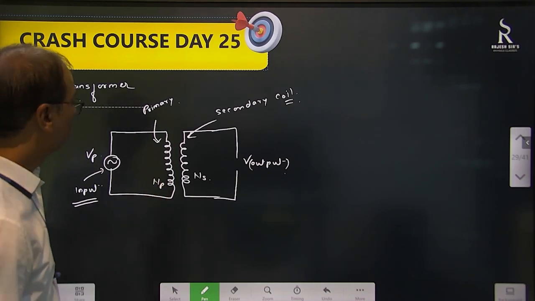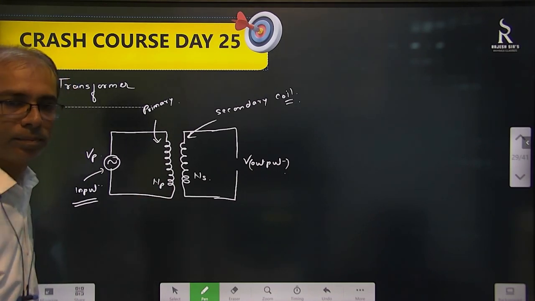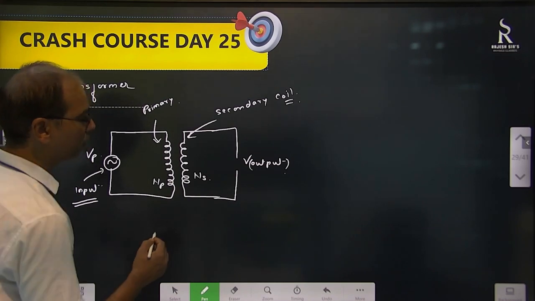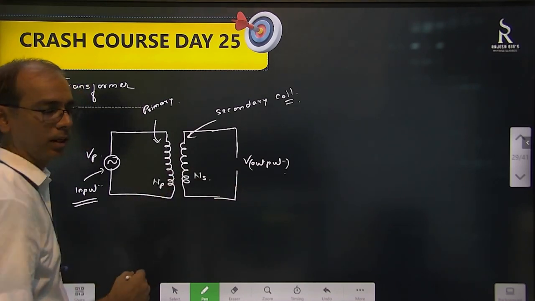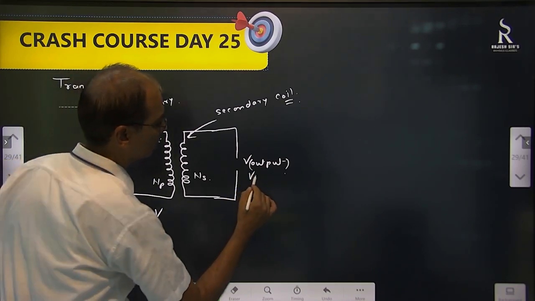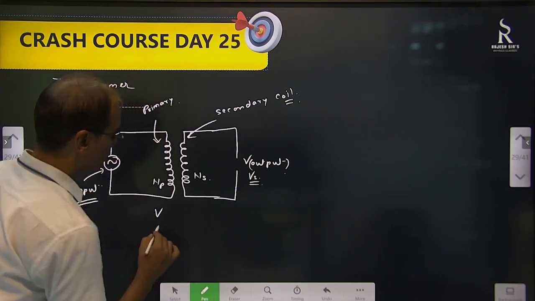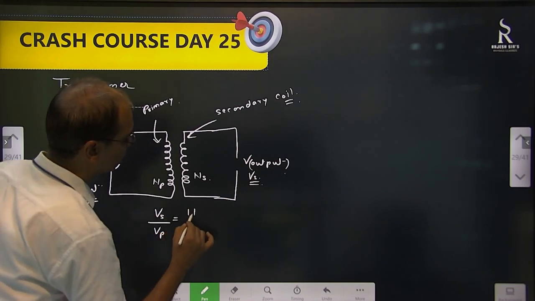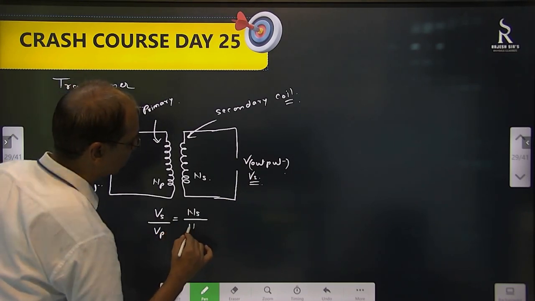Then what do we get out of that? We say that the ratio of the potential that we are getting, V output or V secondary, by Vp is actually equal to number of turns in secondary by number of turns in primary.